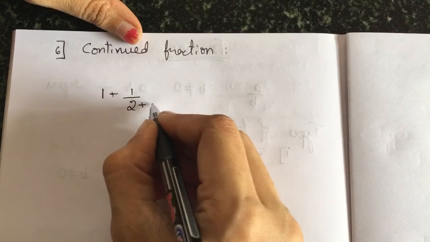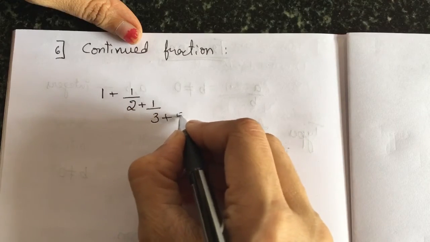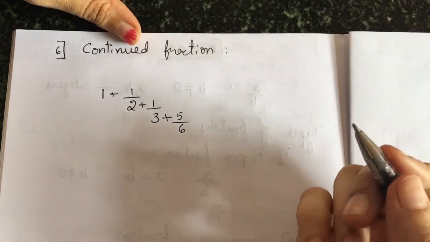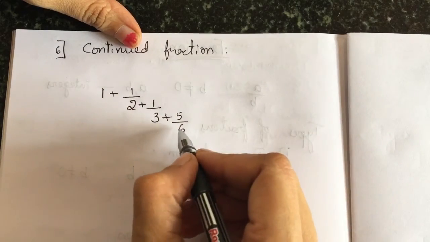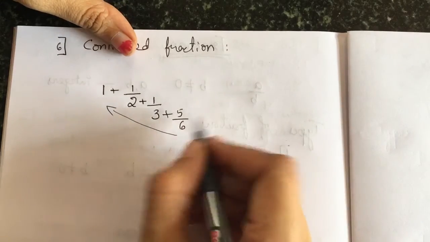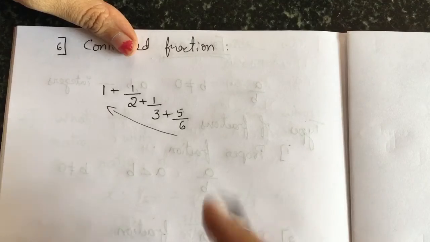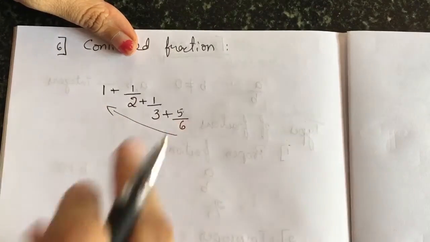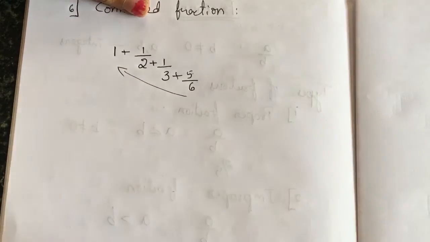Here this 2 is added with say 1 by 3, and this 3 is added with one more fraction, 5 by 6, like that. Okay, and this is nothing but the continued fraction, and you have to simplify it this way. So you take this 3 plus 5 by 6, then you have to take the LCM and all. Before that, I'll explain a few operations based on these fractions.